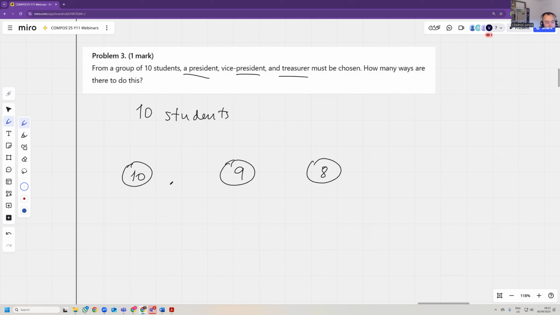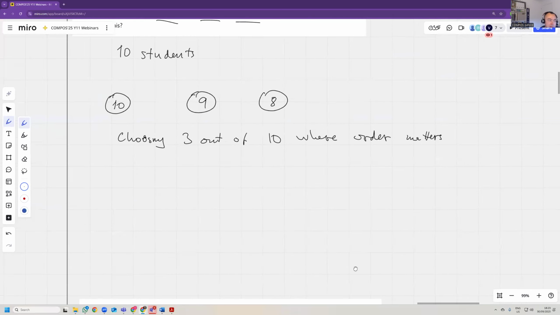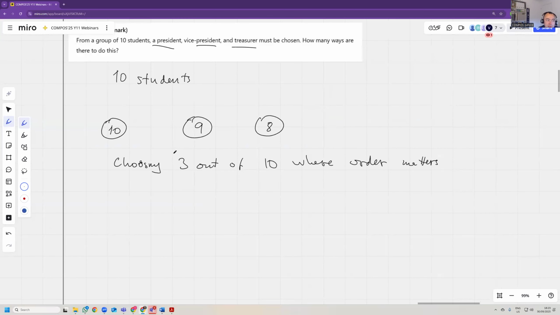So this is choosing 3 out of 10 where order matters, right? Because you're choosing for different positions. If you switch a president with a vice president, you have a different combination of students. Order matters, so that's 10 P3.